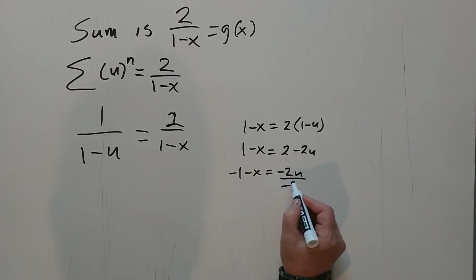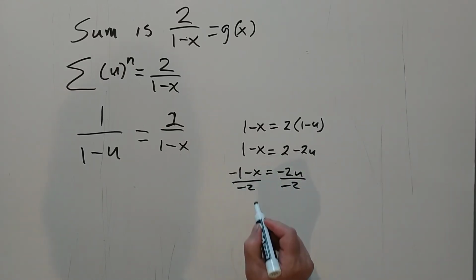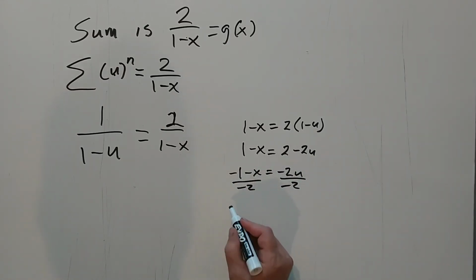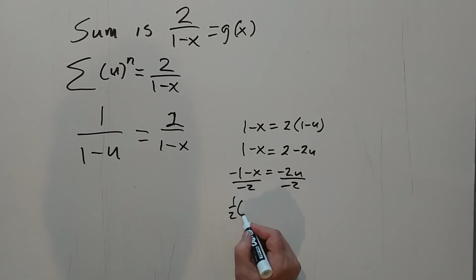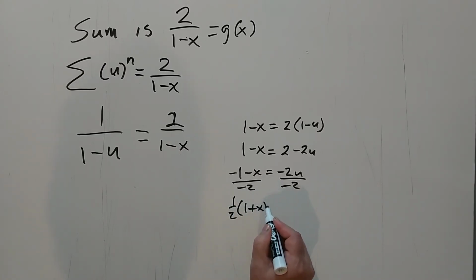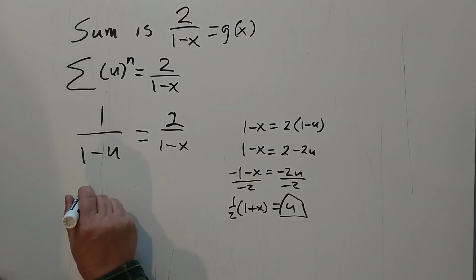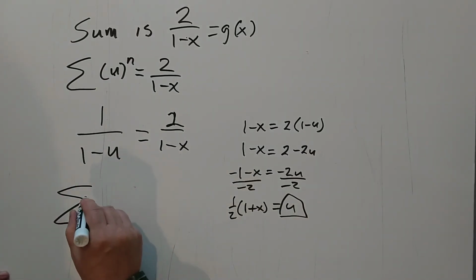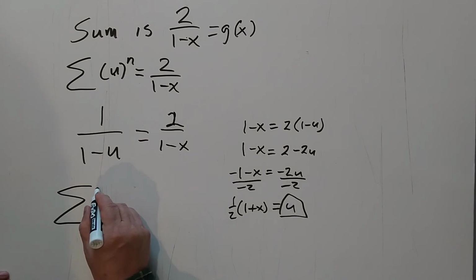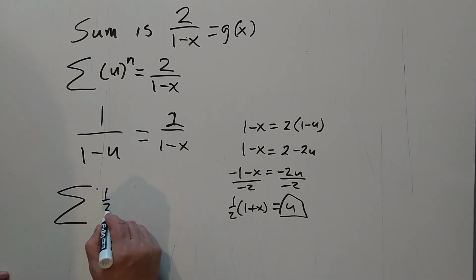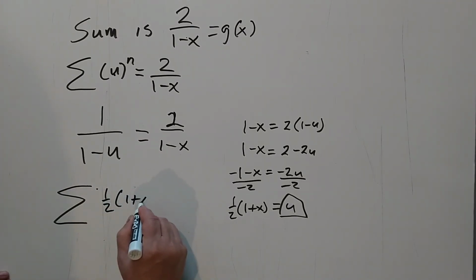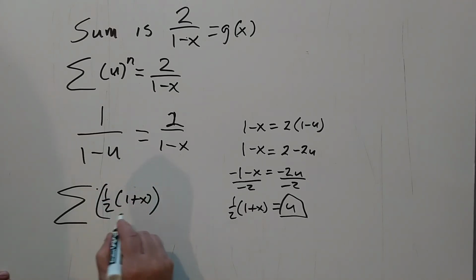Dividing by negative 2, I get 1/2 times 1 plus x equals u. So now I know the unknown expression that goes in my sum. It is 1/2 (1 plus x), and that's all to the nth power.